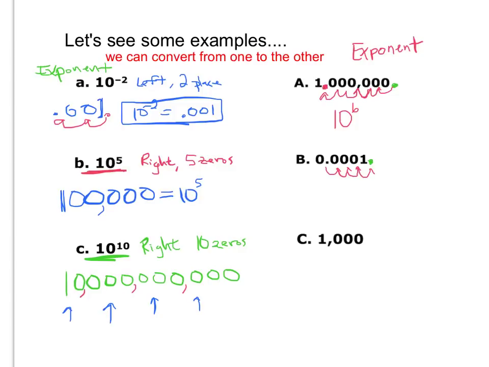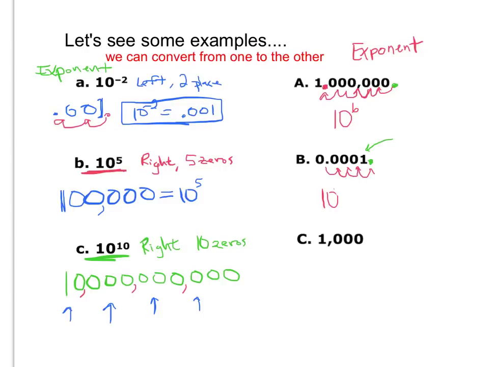So this is 10 to the power of 4 places. But remember I told you negative exponents will always give you decimals. And so this is going to be a -4.